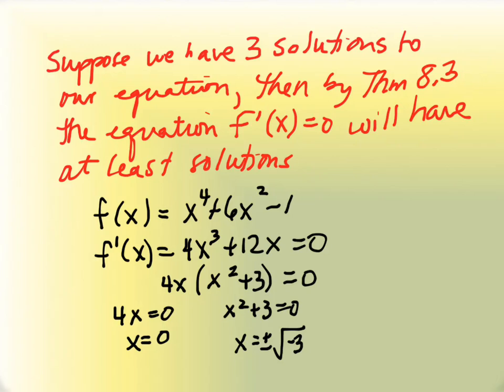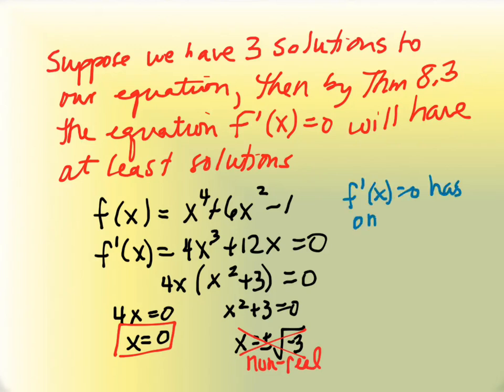What's the square root of negative 3? It's imaginary. And the calculus that we're working with is not in the imaginary number system. We're only working in the real number system in Calculus 1. So this right here is an imaginary, or non-real, solution. So how many solutions did we get? 1. So f prime of x equals 0 has only 1 solution.